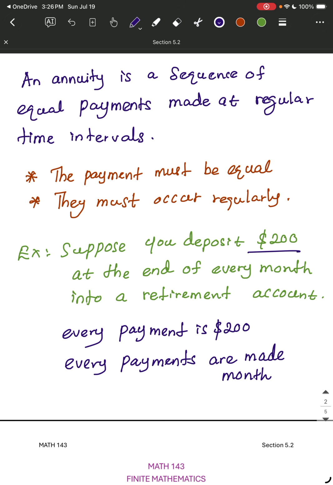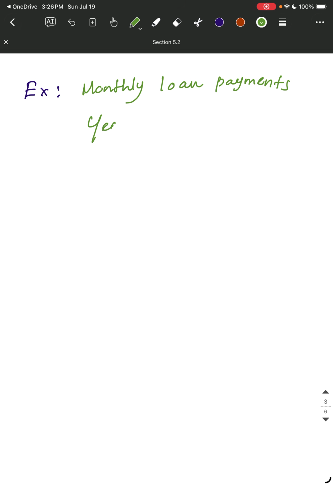So what are the other common examples? Monthly loan payments, quarterly retirement contributions, yearly insurance payments, monthly rent payments.